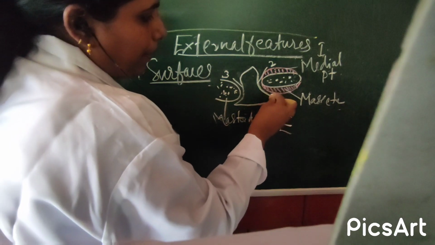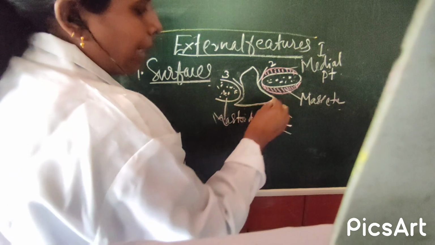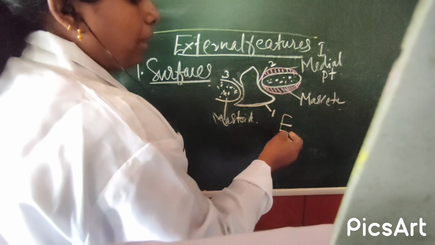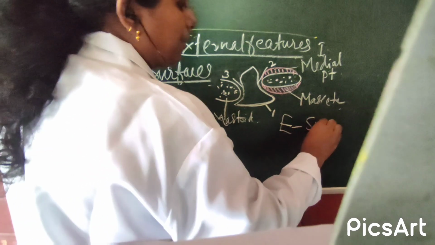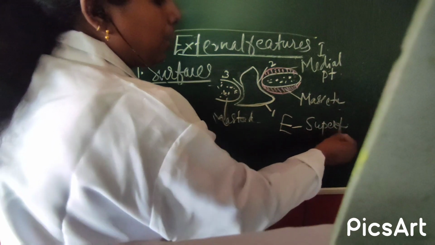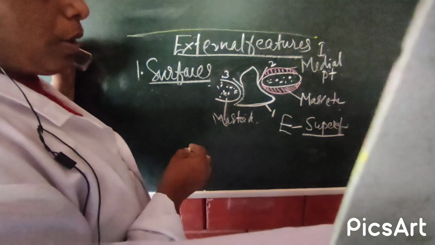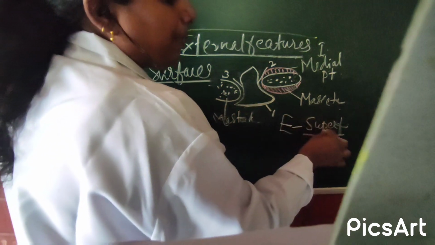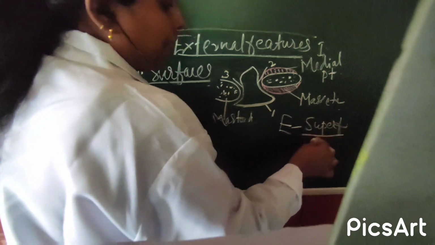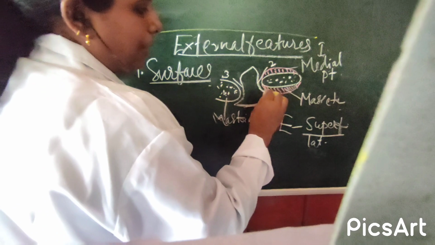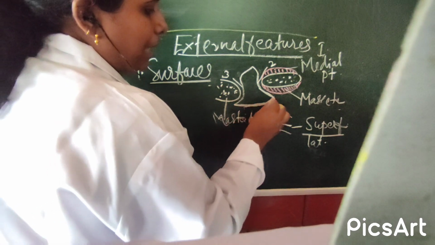The surface which can be seen from externally is known as the superficial surface, otherwise known as the lateral surface. This is the first surface which can be seen externally.